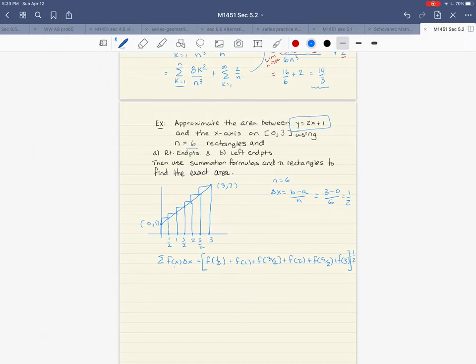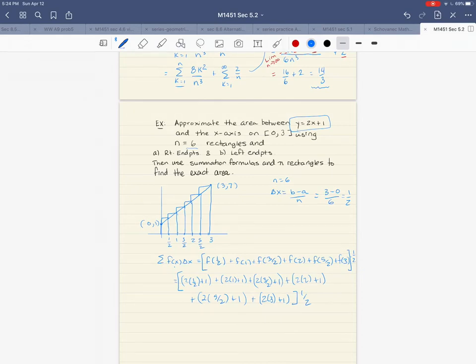To get the f's, we put those numbers in where the x is, 2 times x plus 1. So 2 times 1/2 plus 1 plus 2 times 1 plus 1 plus 2 times 3 halves plus 1 plus 2 times 2 plus 1 plus 2 times 5 halves plus 1 plus 2 times 3 plus 1. Then we take all of that, multiply it by 1/2.